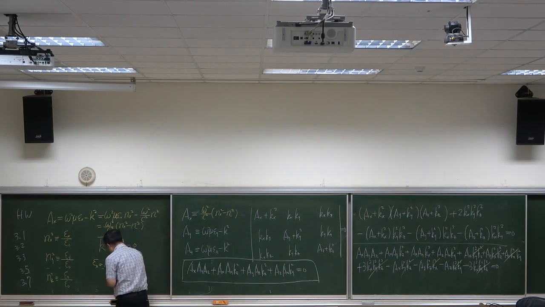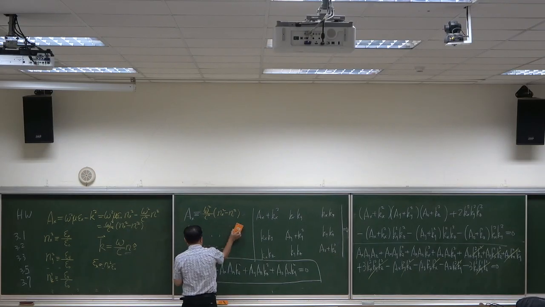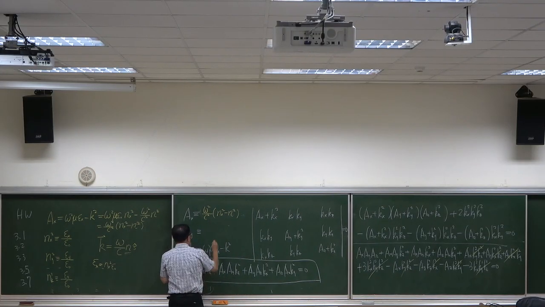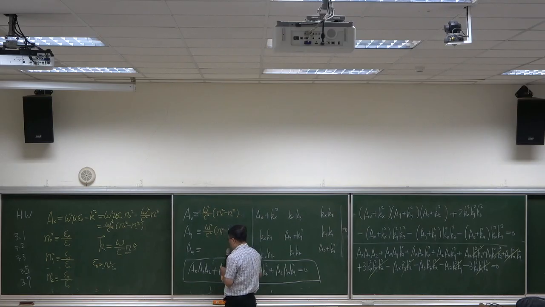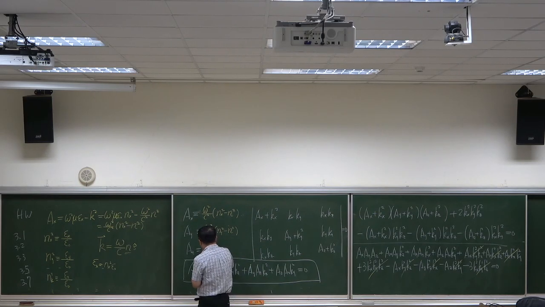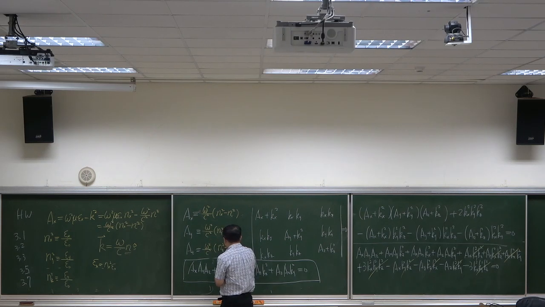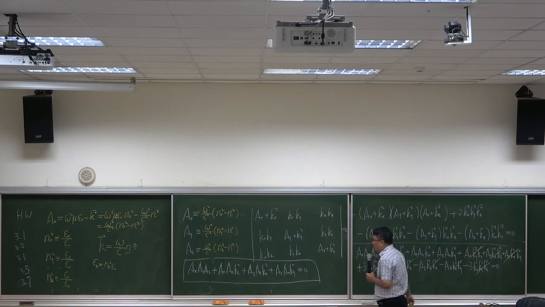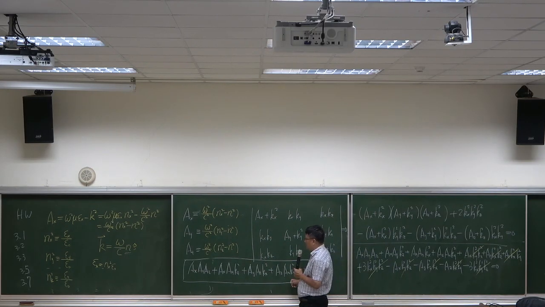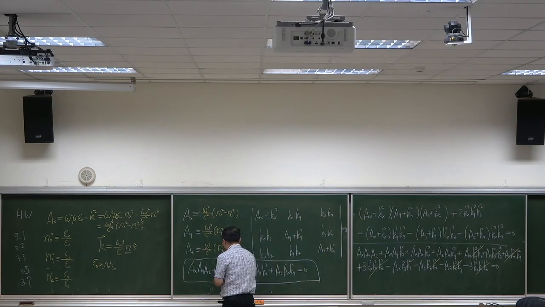And similarly, ay is omega squared over c squared times ny squared minus n squared. And finally, az is omega squared over c squared times nz squared minus n squared. So what does this equation mean?